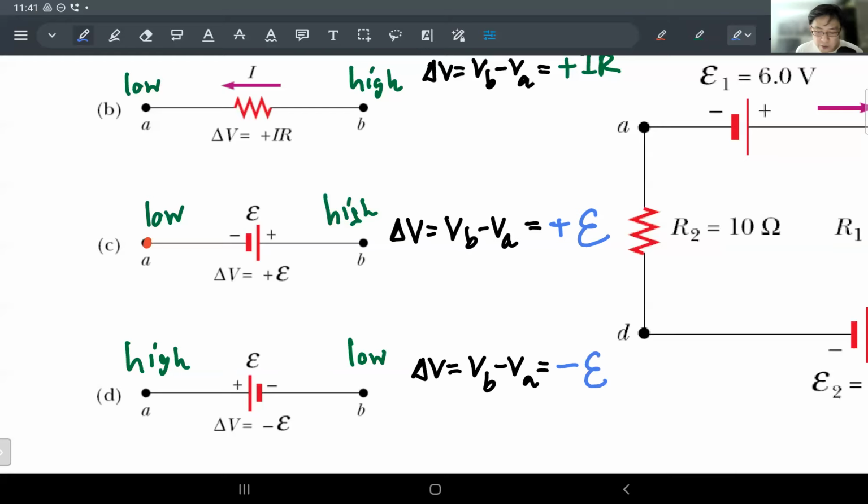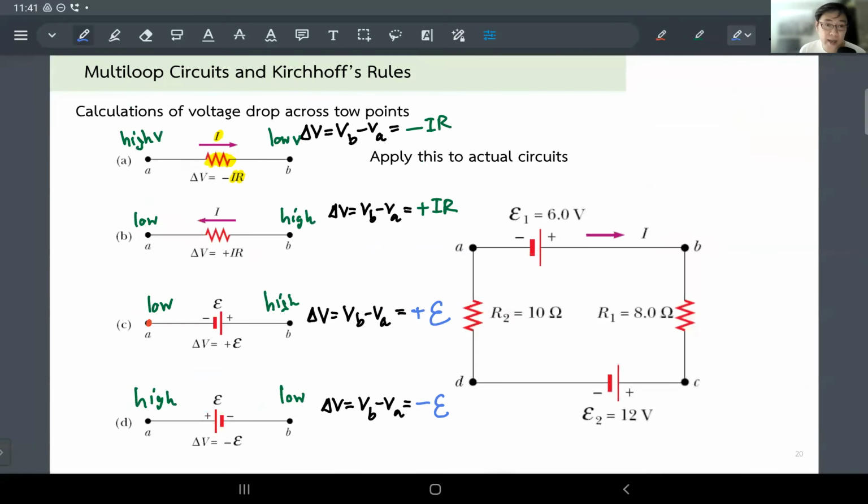So I'm going to show you quickly how I can apply these four scenarios to the real situation on the right. This is a very simple circuit, so it's not that complicated just yet. Let's consider this loop. This loop is A, B, C, D, A. So I'm going to go around this loop in the clockwise direction.